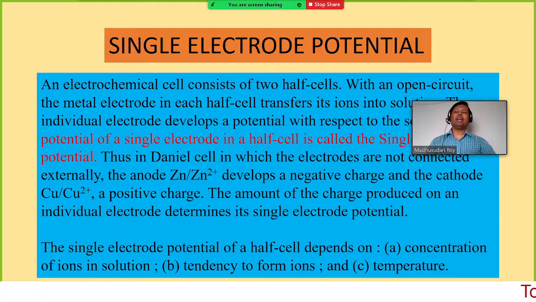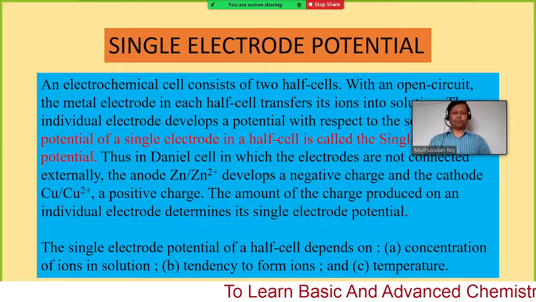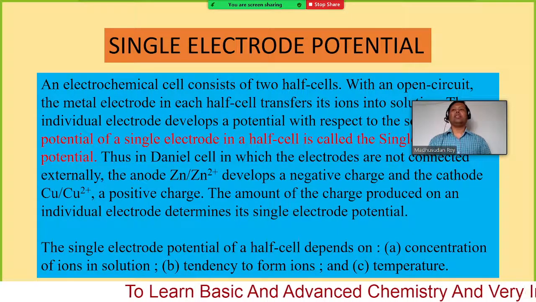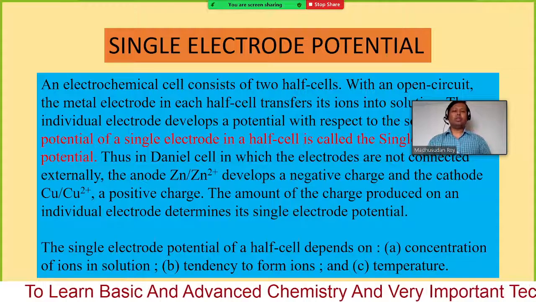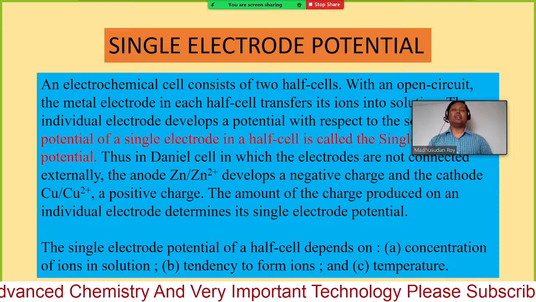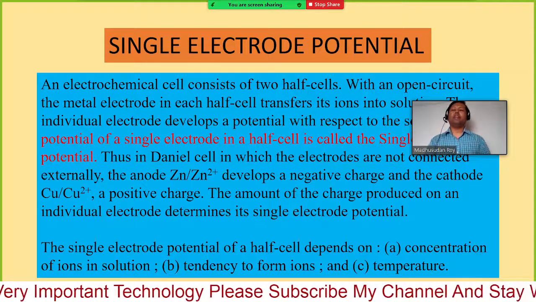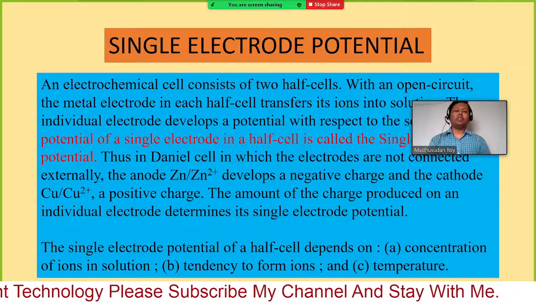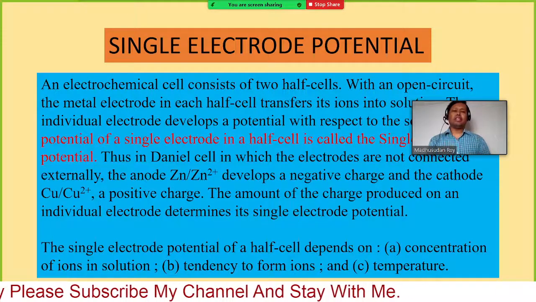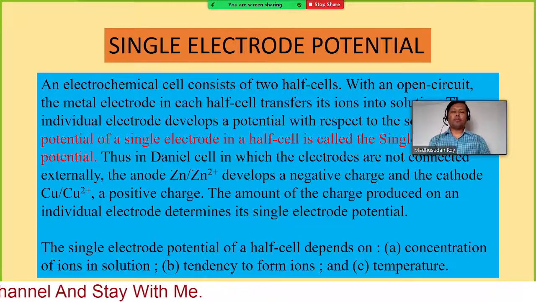There are some metals and metal ions. Some metals cannot create ions very easily and some of them can form ions very easily. So the tendency to form ions matters: if the metal can donate, or the ions can gain electrons very fast, it can have a higher electrode potential.